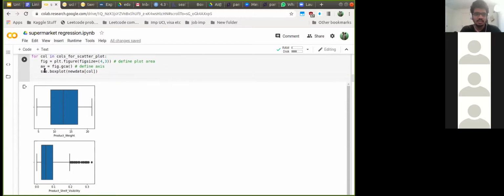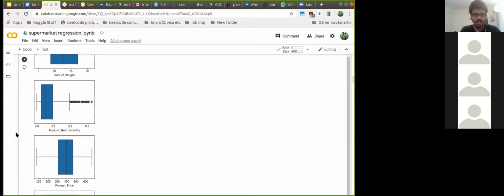Okay, so these are the box plots. As I mentioned earlier, these are the whiskers, and these are the outlier points. Those points are outside of 1.5 quartiles. So this is the lower quartile and this is the upper quartile, and each quartile would contain 25% of the data set.